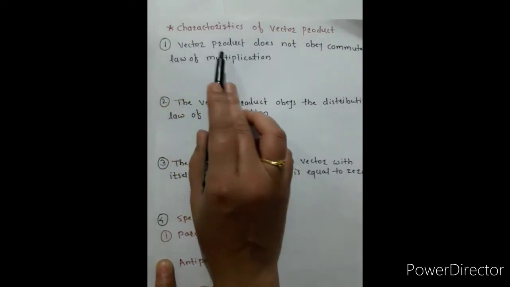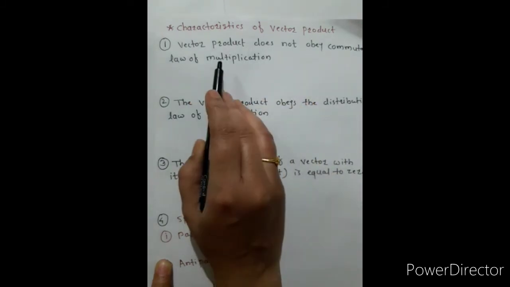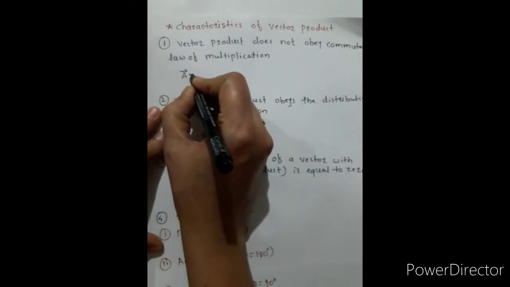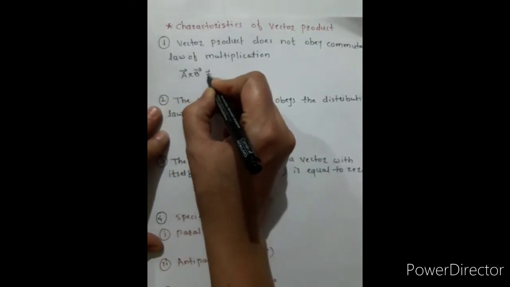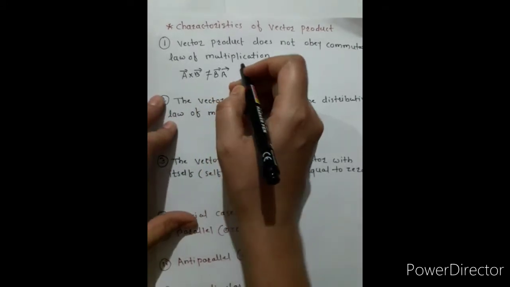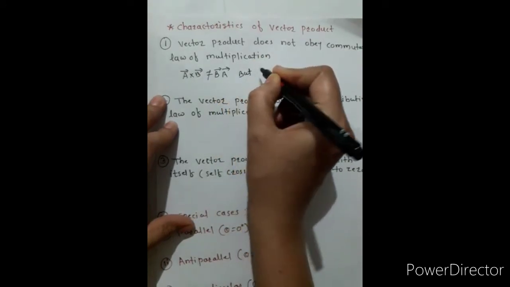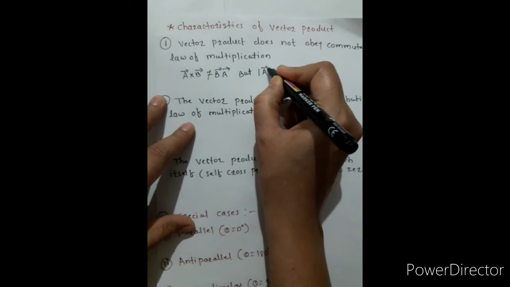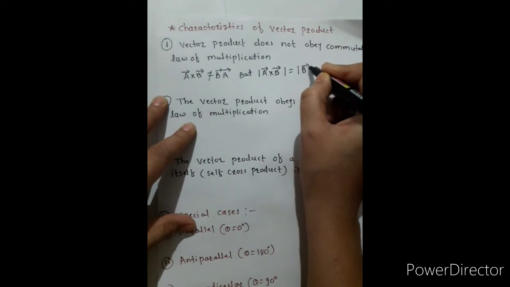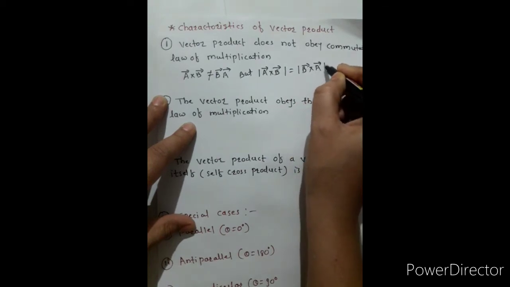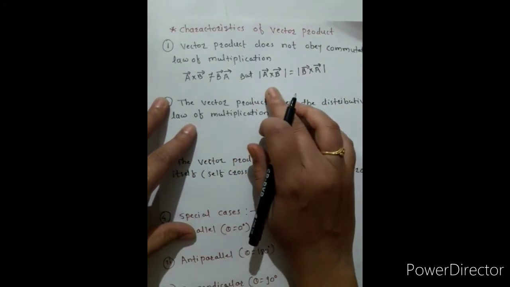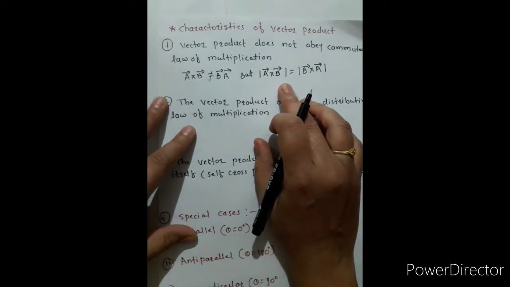The first characteristic is that the vector product does not obey the commutative law of multiplication, that is vector A cross vector B is not equal to vector B cross vector A. But their magnitudes will be the same, that is magnitude of A cross B is equal to magnitude of B cross A. Here the magnitude is the same, but the directions of the vectors will be opposite to each other.